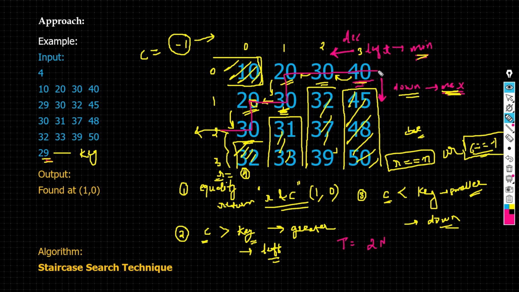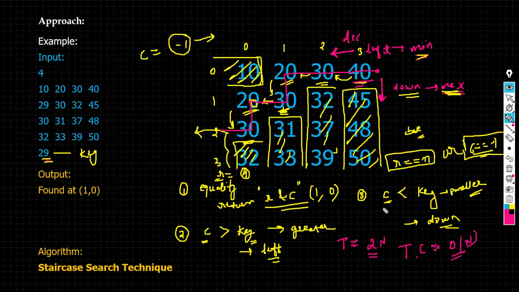Because in the worst case we will traverse from here to here, a length of 4, and moving downward we will have 4 or 3. So it is similar to 2n, and in time complexity we ignore the constants, so it is O(n), or linear time complexity.